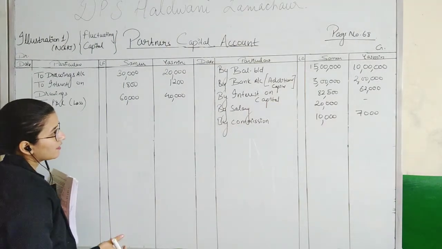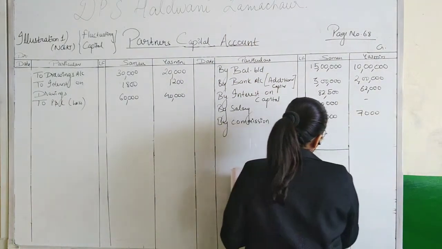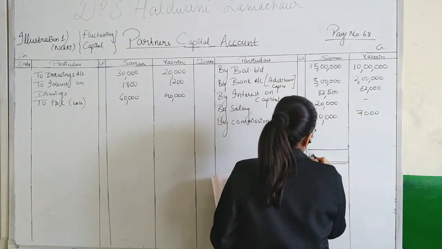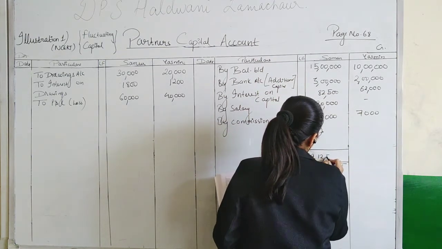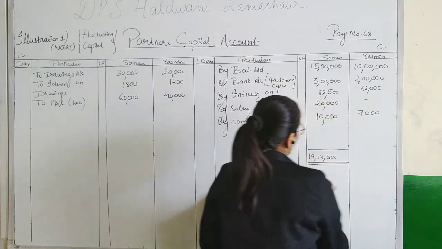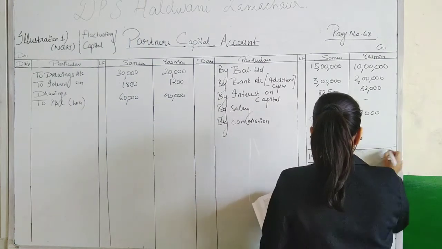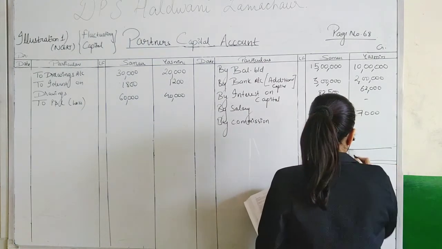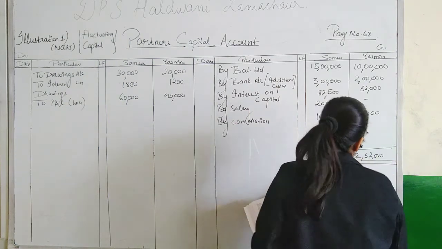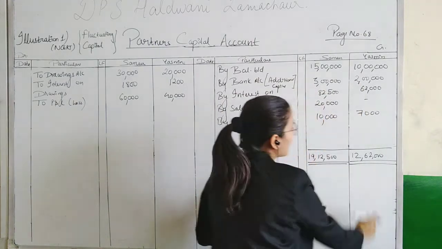Now we will see which side is having a greater value. So as we can see here, credit side is having a greater value with the amount 19,12,500, the total amount of Sameer on credit side, and 12,62,000, the total amount of Yasmin on credit side.